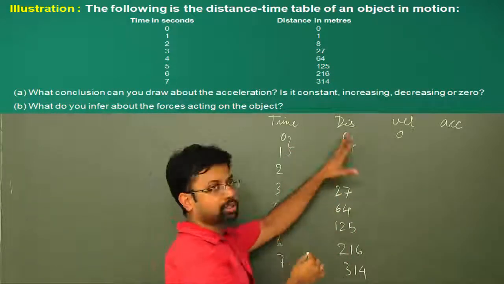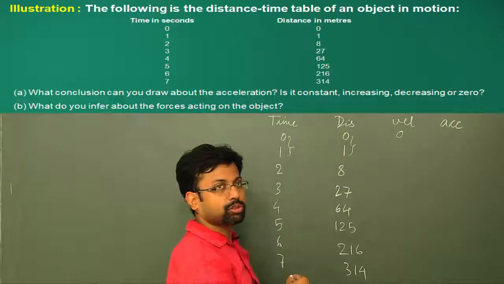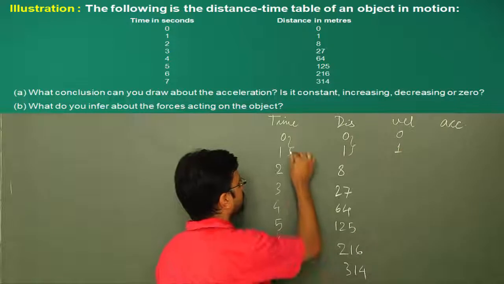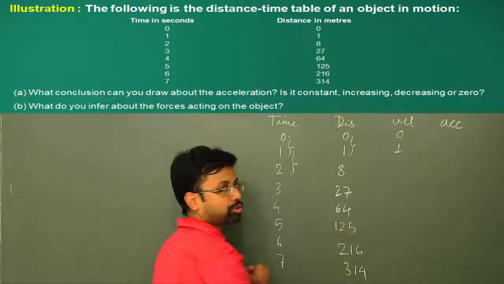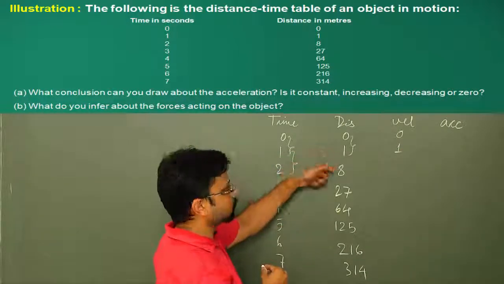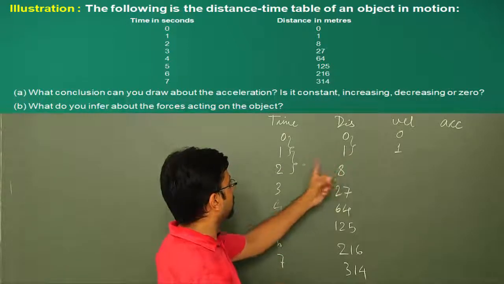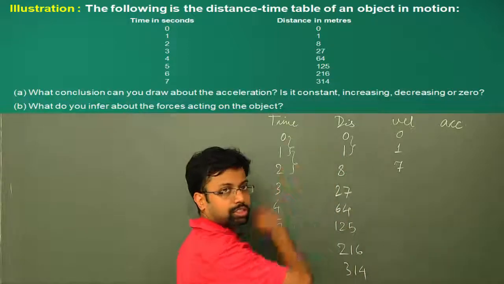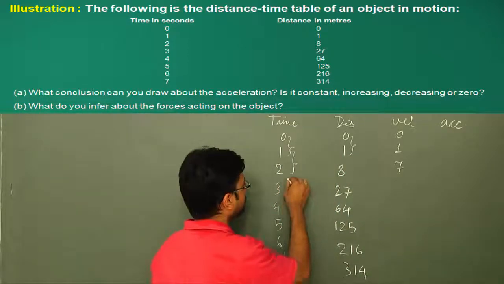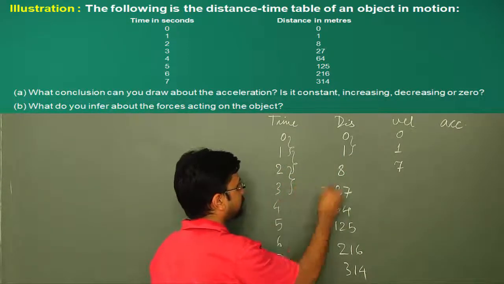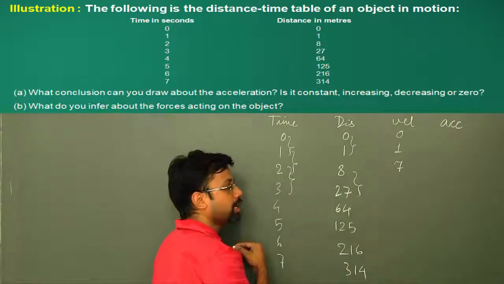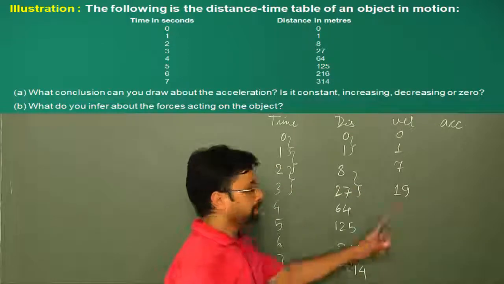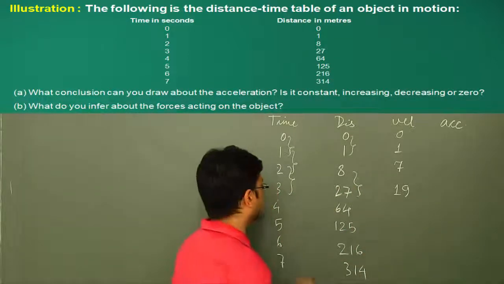So what will the velocity be? Average velocity for this duration will be 1 by 1, that is 1. Again, for a time duration of 1 second, it moves a distance of 7. So the velocity would be 7 divided by 1, that's 7, because velocity is distance by time. So here again you have a time span of 1 second, and this is 19. So in the third second, the velocity comes out to be 19.